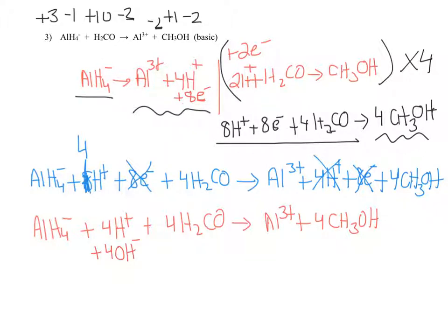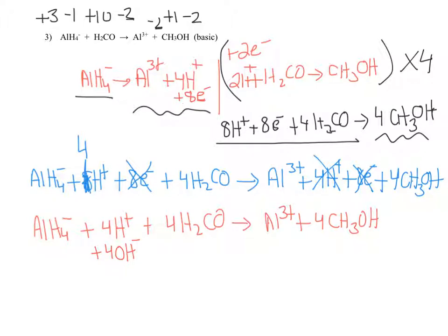Problem is, we just spent like 5 minutes, or maybe more even, balancing this reaction so far. And if I just add OH minuses here to this side, then I've changed the charge and I've changed the mass. I've just added a whole bunch when it was theoretically already balanced. And so that's a problem. That's why, if you read step 8 again, it says, add OH minus to both sides of the equation for every H plus.